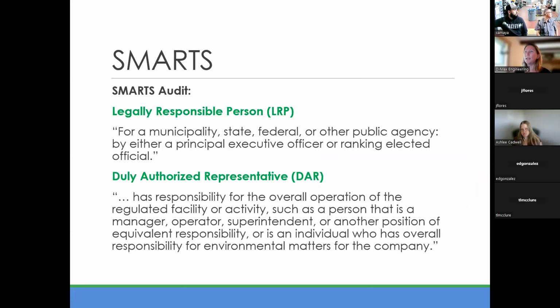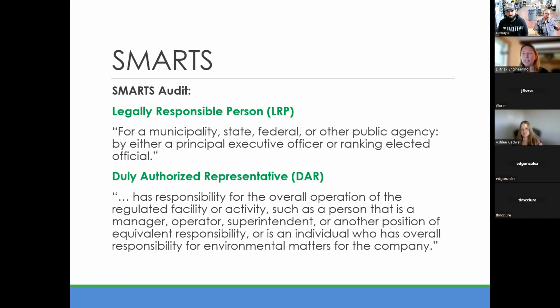Okay. So a quick SMARTS audit. This is the fun part. So if you read these definitions, these are straight from the permit. I do want to make sure every district has at least one LRP. You are permitted to have more than one LRP. So if you have more than one staff person that meets this criteria, they can enter themselves as an LRP.